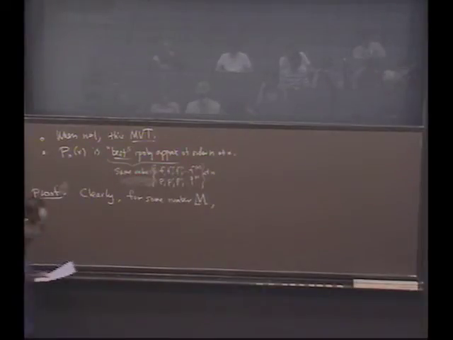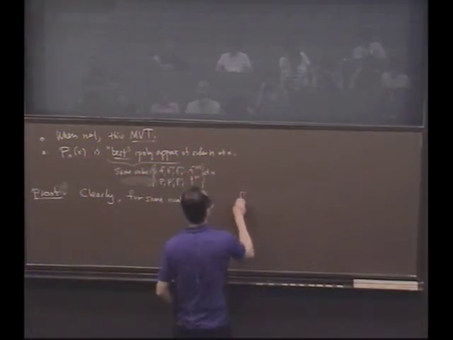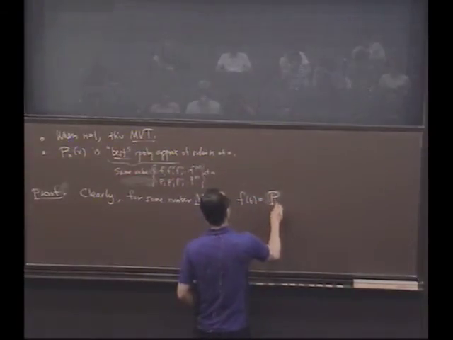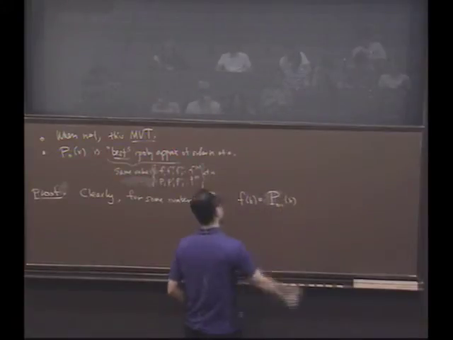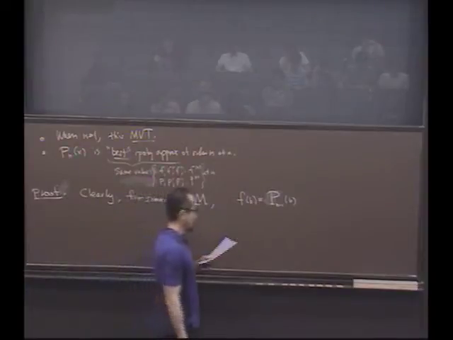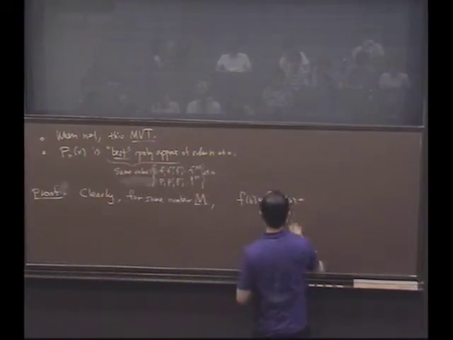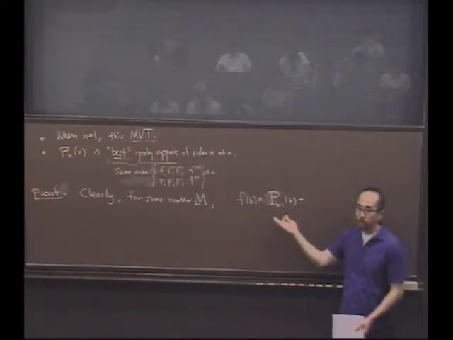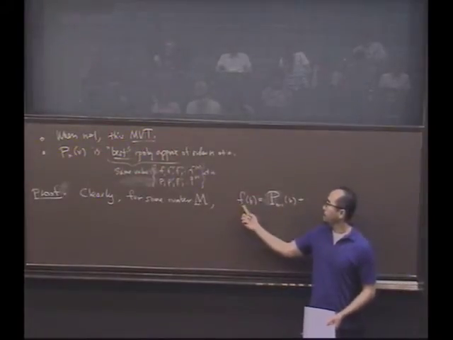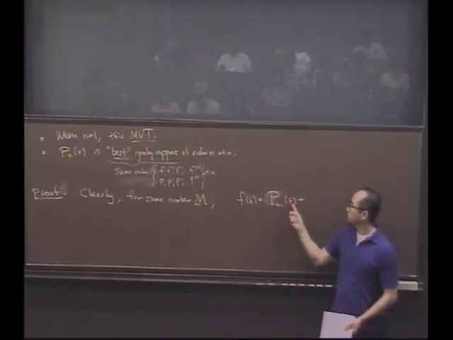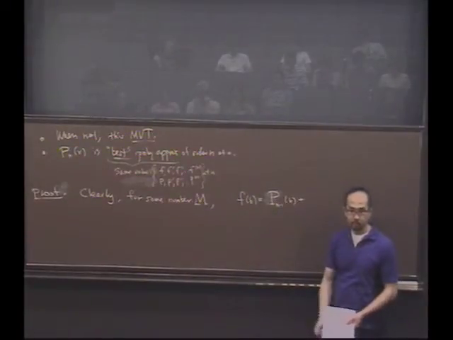For some number m, check this out, f of b, let's compare that to the value of the Taylor polynomial at b. So f of b is Pn of b plus something, right? You can't stop me from writing f of b this way, right? This is the value of f at some point b. It's a number. This is the value of the polynomial at b. That's some number, yeah? Okay.